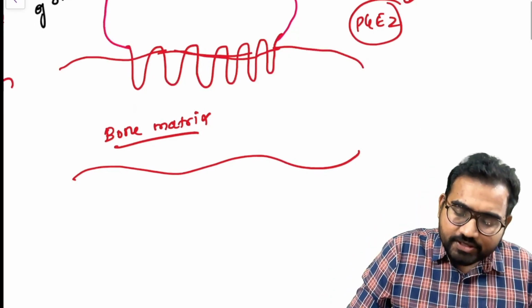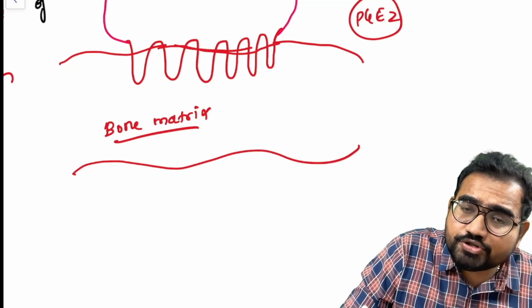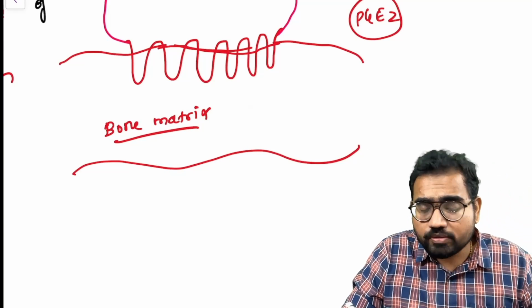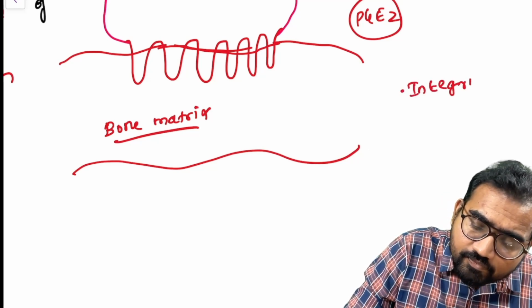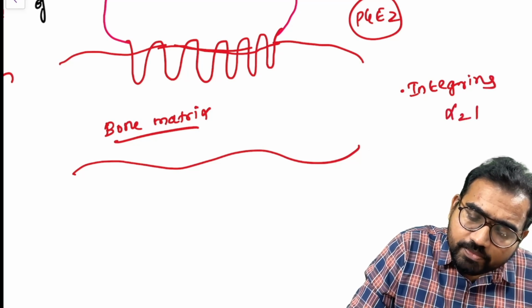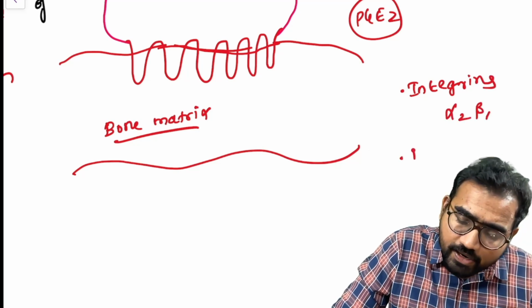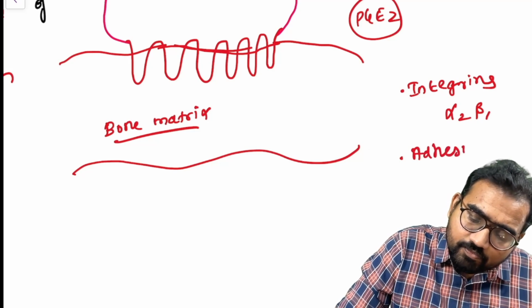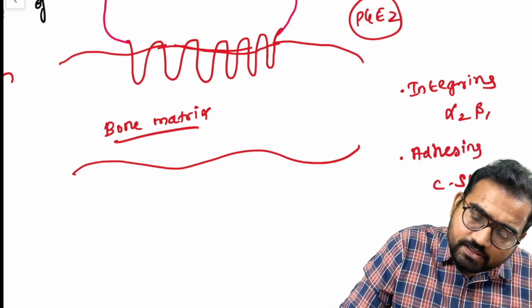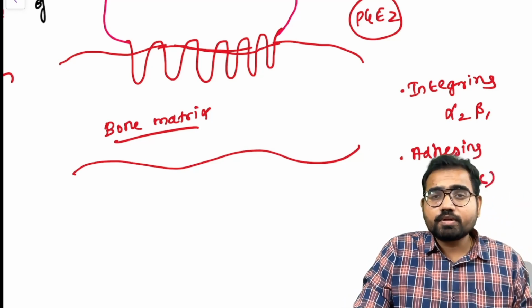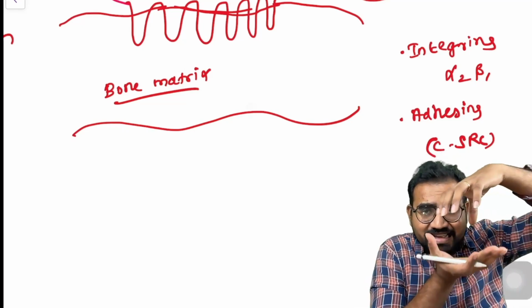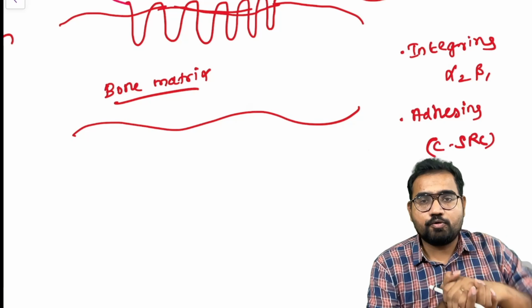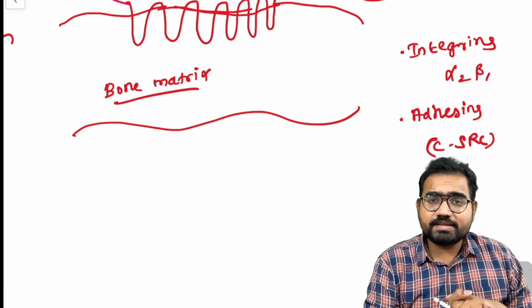This adhesion is by integrins, alpha 2 beta 1 integrins, and some additions, c-Src. With the help of these, the osteoclast attaches itself to the bone.